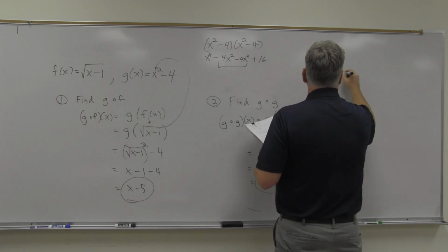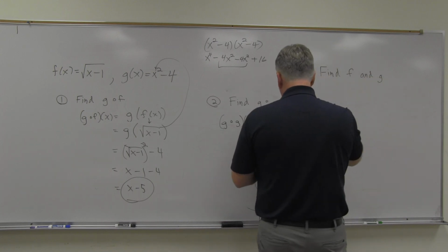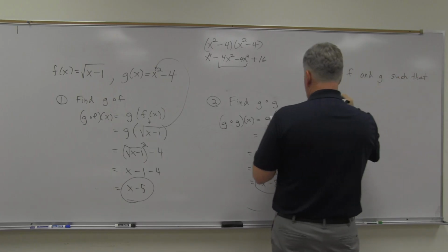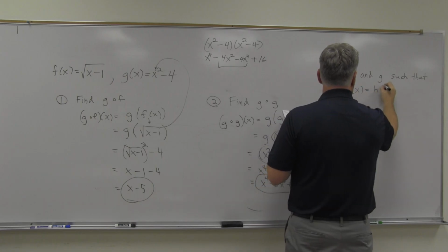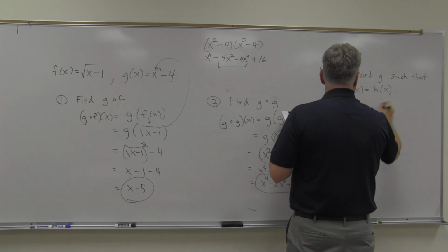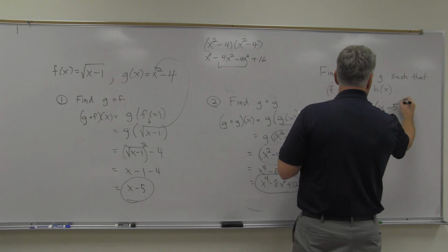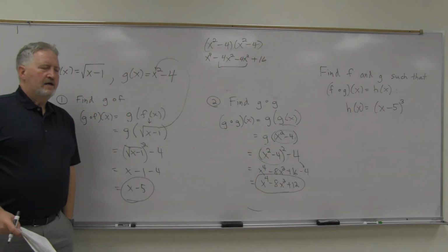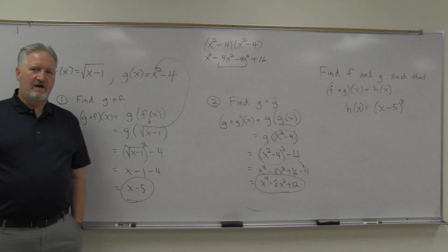Find f and g such that f circle g of x equals h of x, which here's h of x. So h of x is x minus 5 cubed.